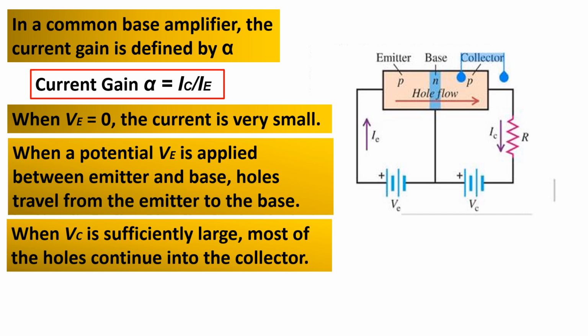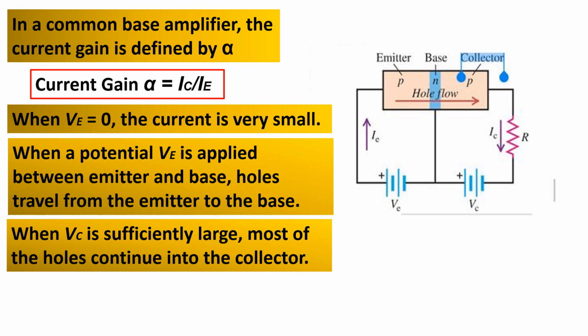When VC, the one in the output branch, meaning collector voltage, is sufficiently large, most of the holes continue into the collector. Okay, that's how the collector current arises.